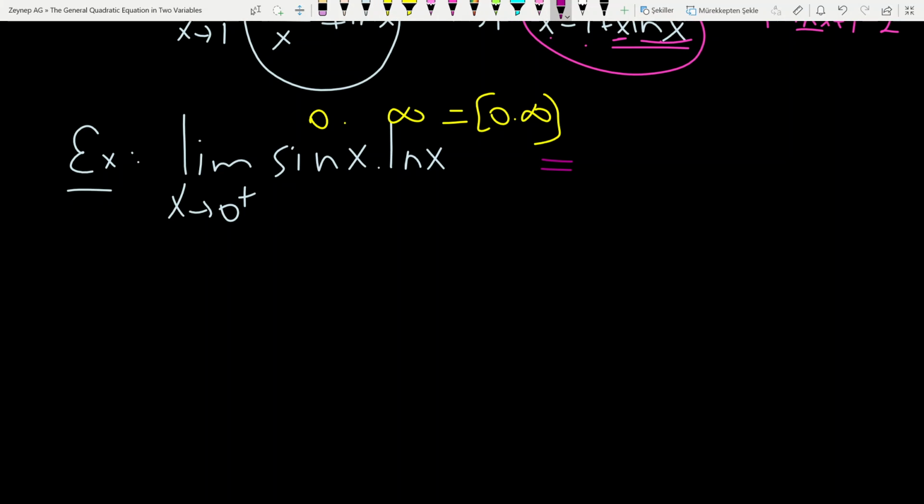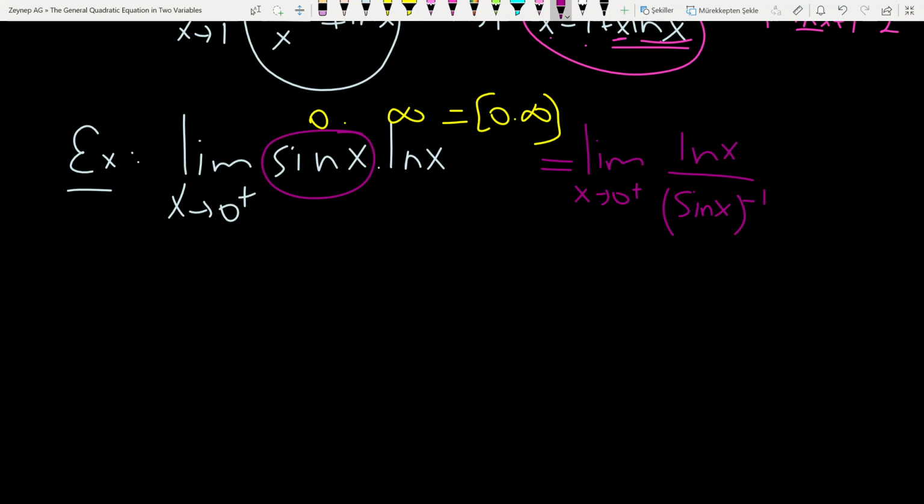Let me first manipulate this expression as limit x tends to 0 from right of ln x over, since it's possible to take sine x to the denominator, sine x to the power minus 1. It's not arc, it's not inverse sine, it is 1 over sine.